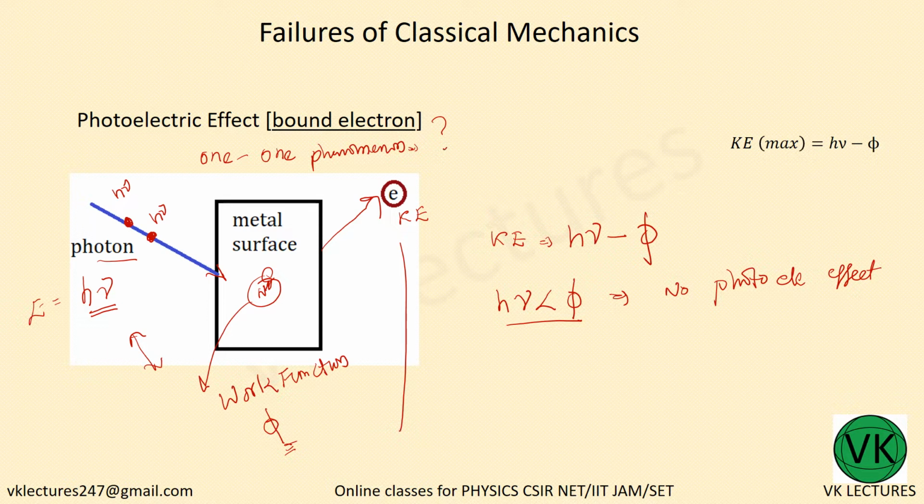Still, there is no chance of photoelectric effect. So this is the classical theory. That is, the classical theory was not able to explain this phenomenon. The energy is not getting added up.